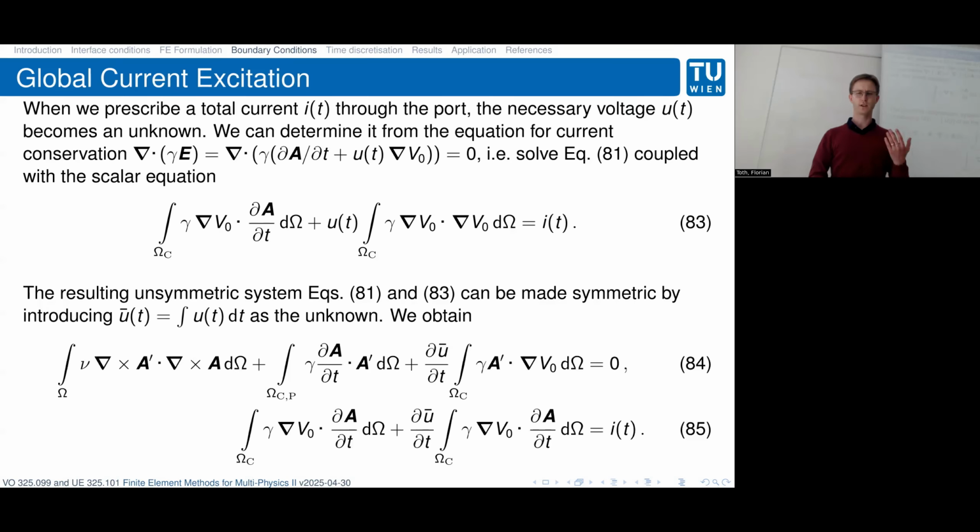And if you introduce this change of variables, you obtain a system of equations in the weak form that is actually symmetric, because those two coupling terms, the terms with the vector potential and the gradient of V0, these are then symmetric in equations 48 and 40, 84 and 85.